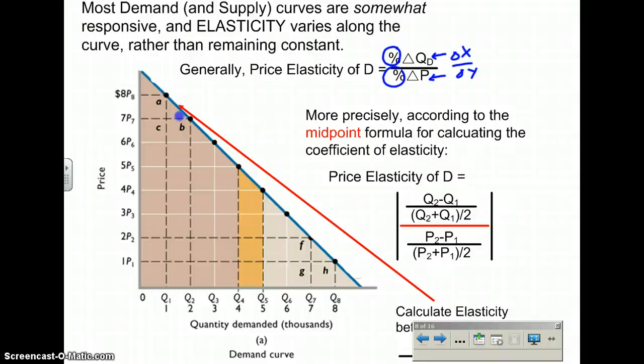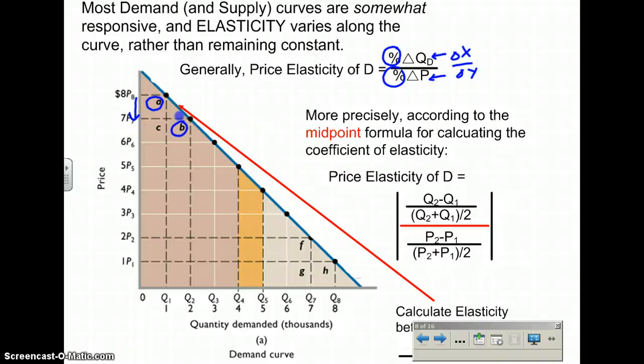When we are calculating elasticity, what we are asking ourselves is how responsive is a change in quantity to a change in price. So if we move from point A to point B along this curve, what we're asking is, if the price drops from $8 to $7, if the price drops by $1, how big is the impact on the change in quantity?